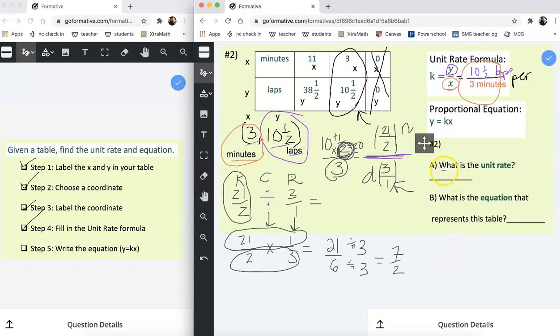So I'm going to write it up here. 7 halves, and it's L for laps, P for per, and M for minutes. So 7 halves laps per minute. If you prefer, you could have also written this as a decimal. So 3.5 laps per minute. That's the same thing as 7 halves.